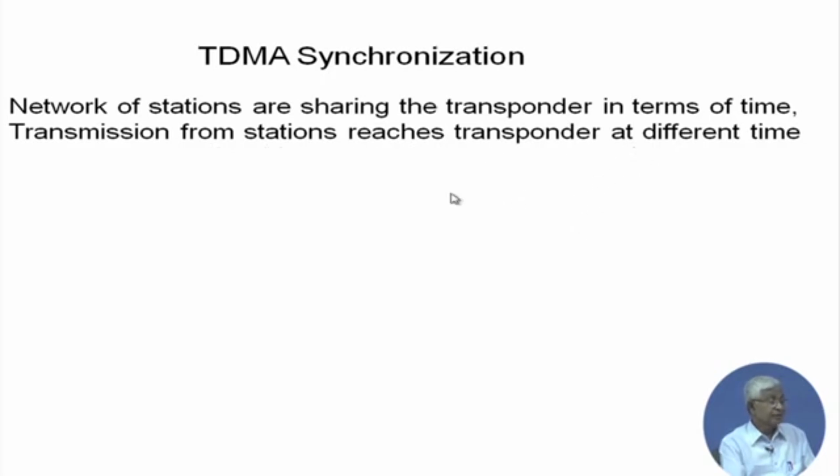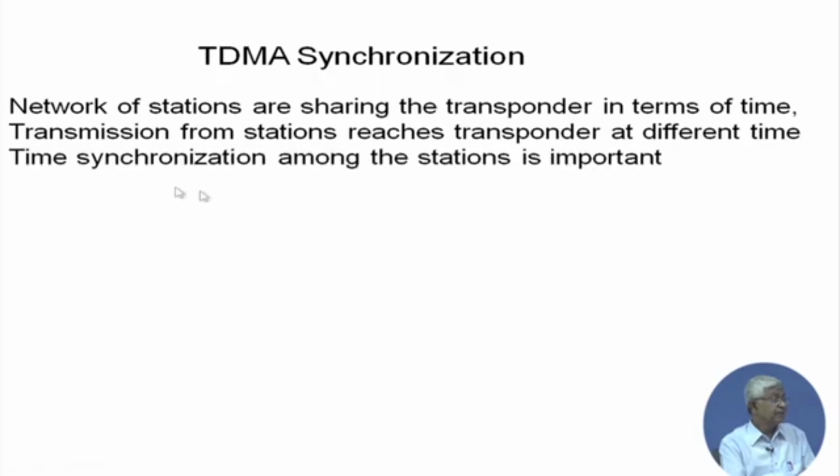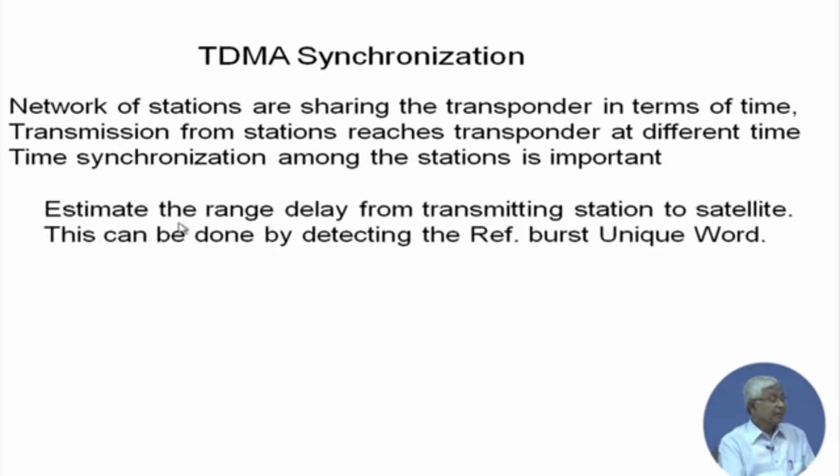That is the idea, so that in the frame it has to be put in proper time-interleaved order. So, this time synchronization among the stations is very important. Now, individual stations are at different locations, so the range delay is different. The delay from the station to the satellite will be different for each station. The delay comes into play in this case.